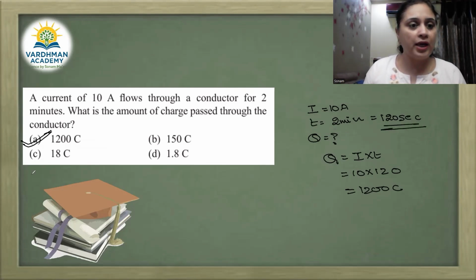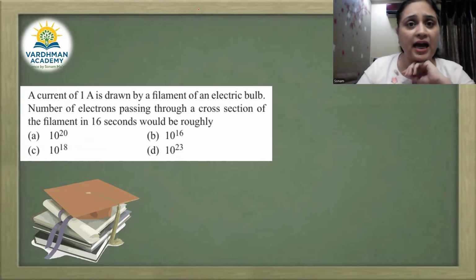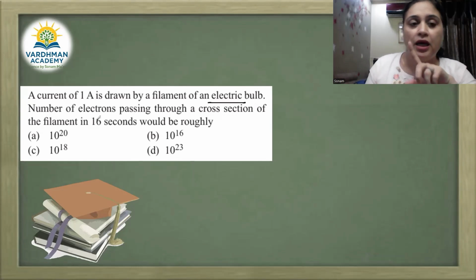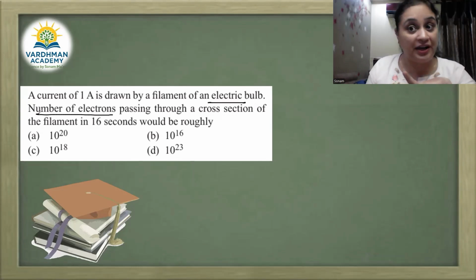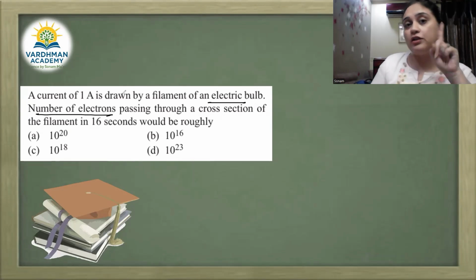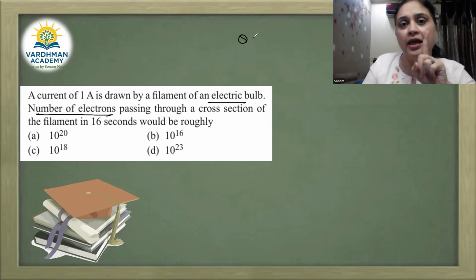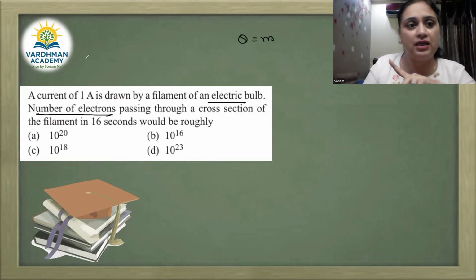Right? Now moving ahead, we have a current of 1 ampere is drawn by a filament of an electric bulb. नंबर ऑफ इलेक्ट्रॉन्स आपको फाइंड आउट करने हैं. तो नंबर ऑफ इलेक्ट्रॉन्स के लिए आपने एक ही फॉर्मूला लर्न किया है, दैट इज इक्वल्स टू Q is equal to N into E. Right, children?